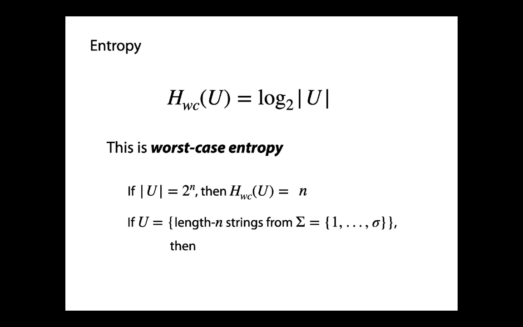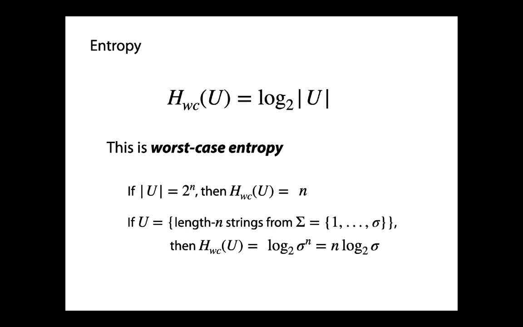Well, I need to write H sub wc of this universe equals log base 2 of, okay, so I've got a choice of sigma things at each position, and I've got n positions. So I'm going to write it like that, and then because this is a log, I can bring the n down in front: n times log base 2 of sigma.